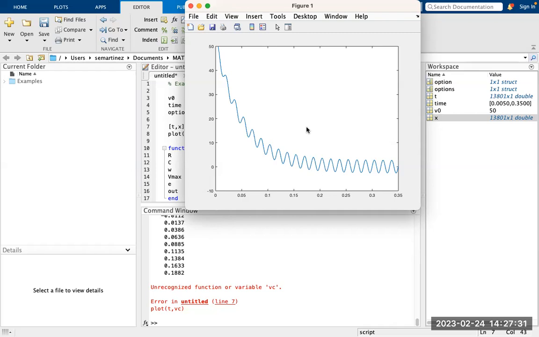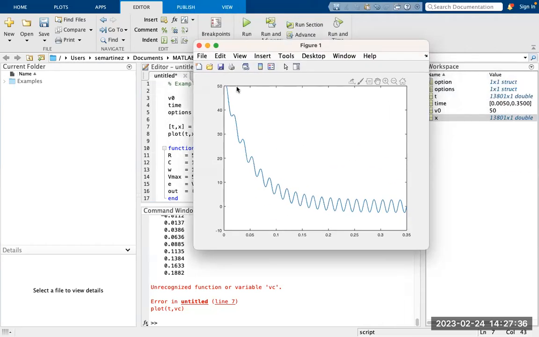You start from an initial value of 50, and so you apply this input, which is a sinusoidal input, and what is going to happen is going to make the capacitor discharge up to the point that you're only going to have this term related to the input.